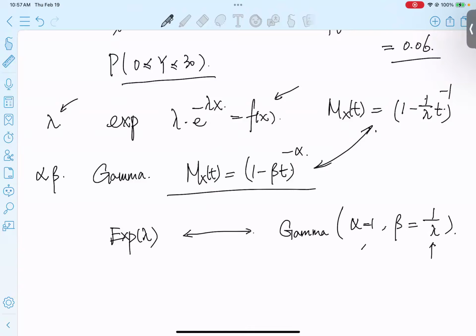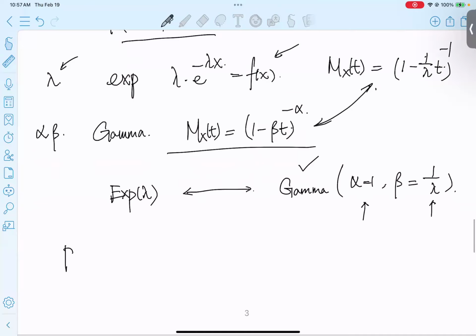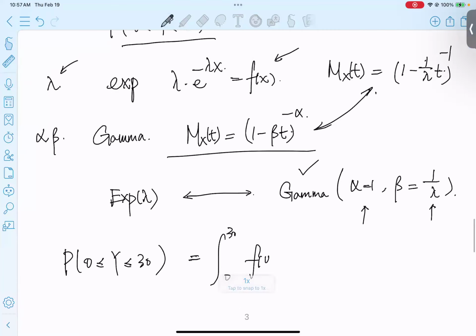Once you recognize this, of course, you are allowed to use the gamma distribution. What you need to do, again, 0 less than y less than 30, is integrate from 0 to 30 f of x dx, or f of y dy, just a choice of letters, dy.